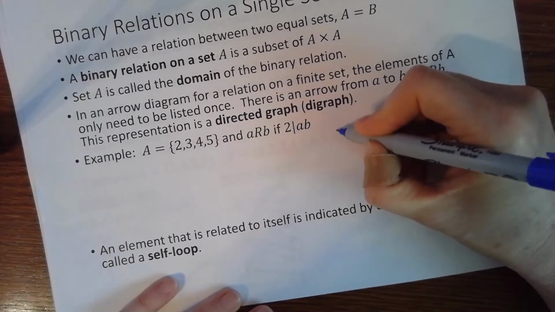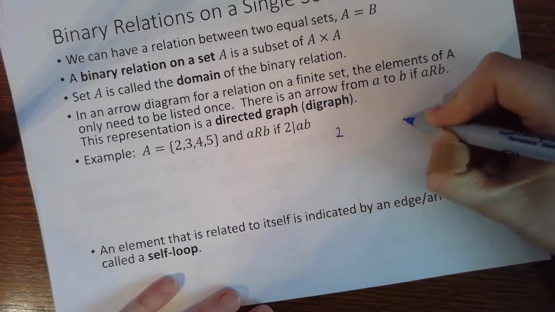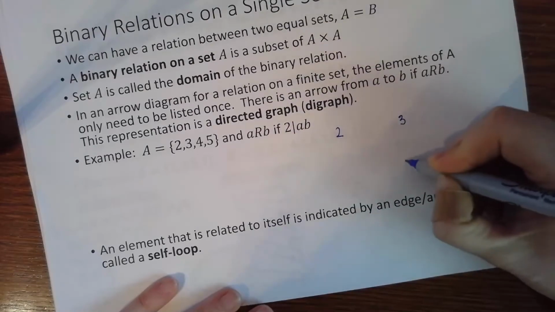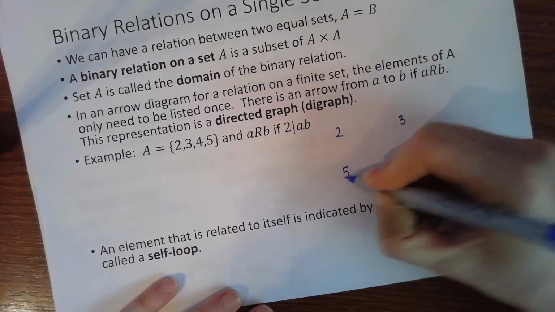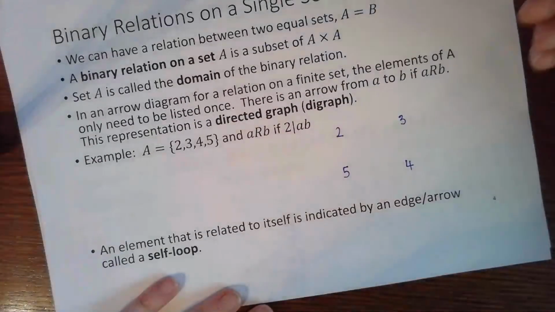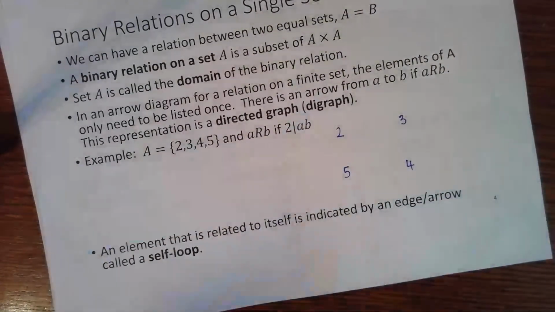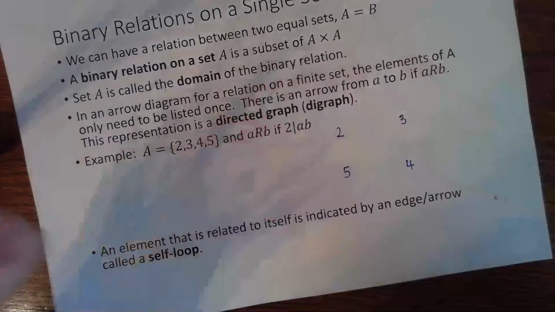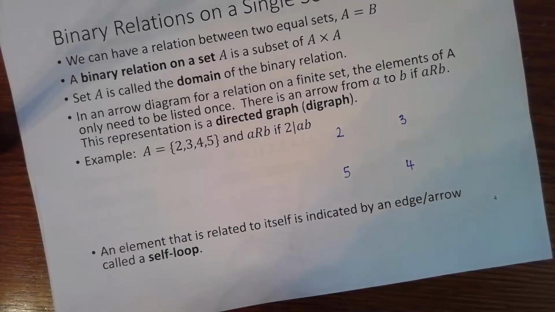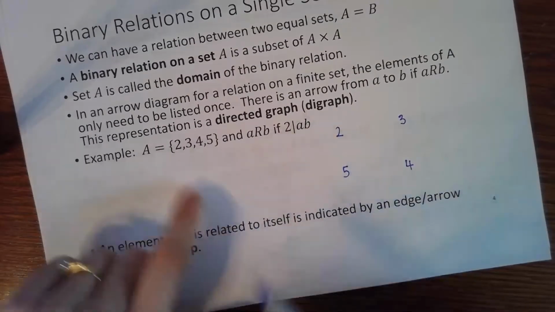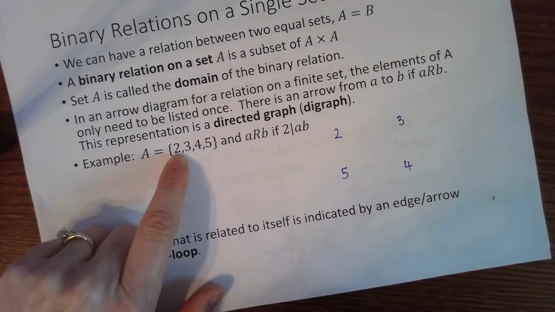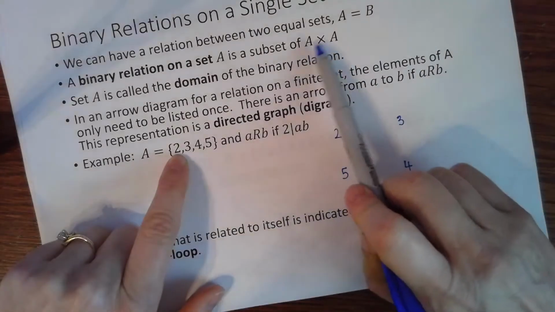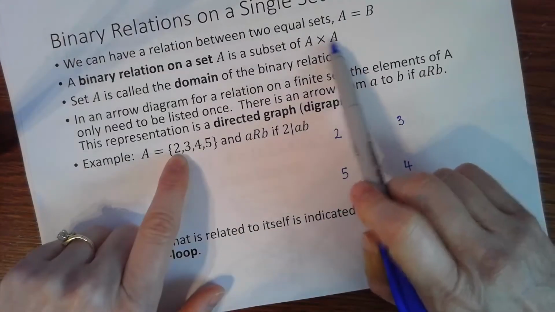And we might just go ahead and list it out like 2, 3, 4, and 5. Notice it doesn't have to be in a single column. Sometimes it's easier to draw if we spread them out rather than put them in a straight row. All right, so let's go through. Is 2 related to 2? Because we have to consider every single pair of elements.